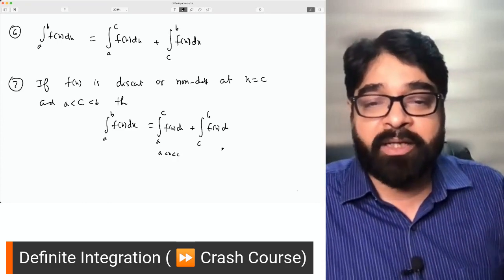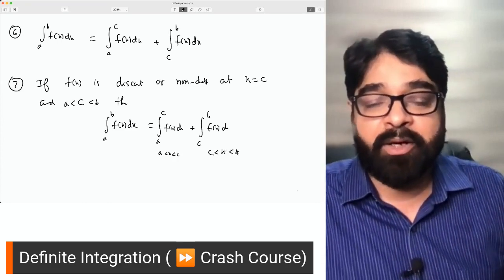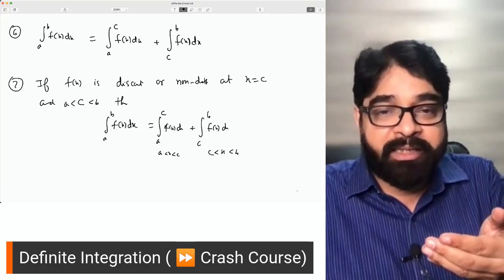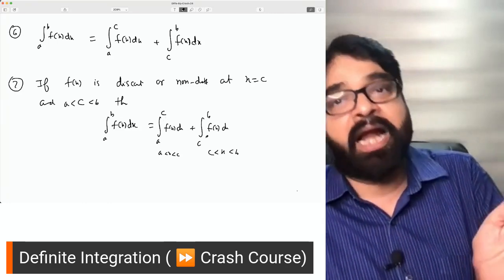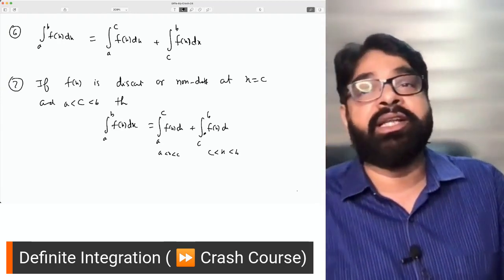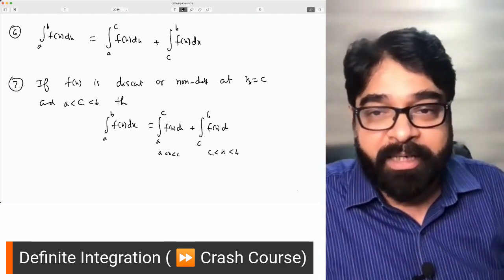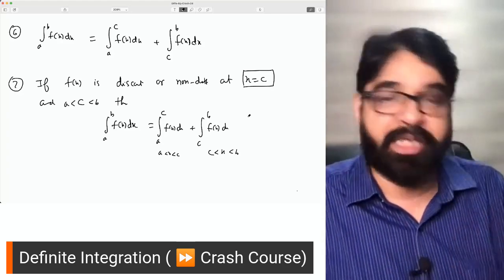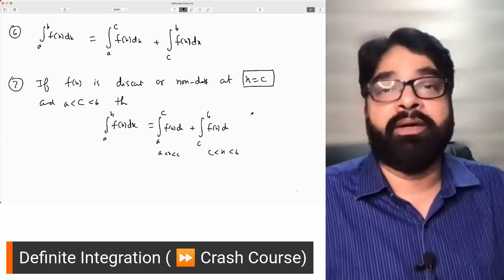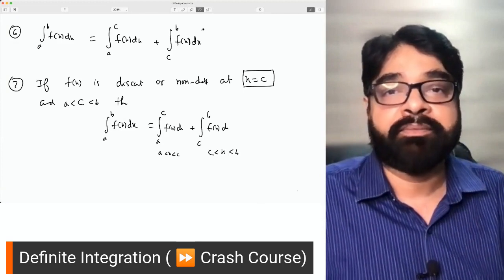Whenever I write c to b, x is between c and b. Look, x is terminating before c here, and here we are starting after c. So c will be deleted. The villain will be deleted. Here the function was not differentiable, so it's deleted. We can go ahead with this properly.